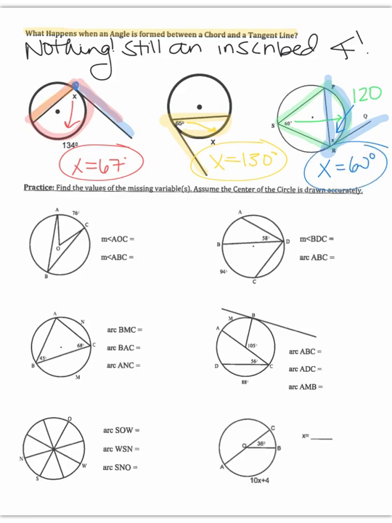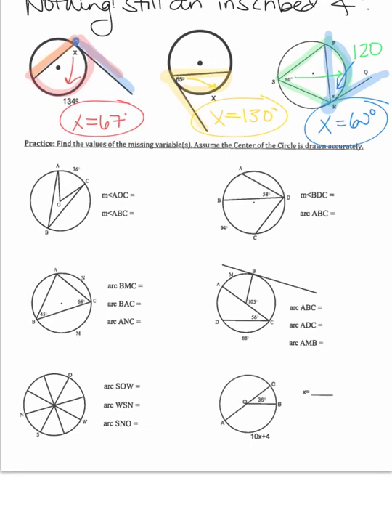Okay? These six problems below are examples of central angles and inscribed angles. Notice these problems, if it has a letter in the center, that means that's the center. So this would be the center. See this dot here? That would be the center. We're assuming that's the center, and that's the center, and that point right there is the center to help you solve these problems.